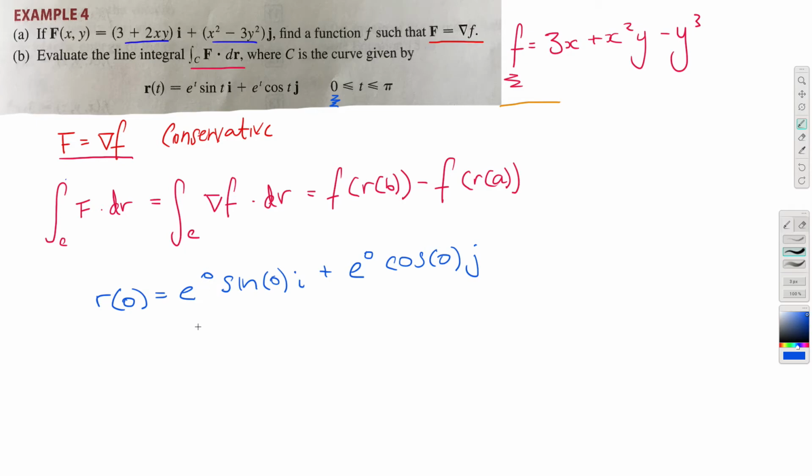E to the 0 is 1, times sine of 0 is 0, i, plus e to the 0 is 1, times cos of 0 is 1, j. So that tells us that r of 0 equals 0 for our x and 1 for our y. So this is the relevant piece of information.